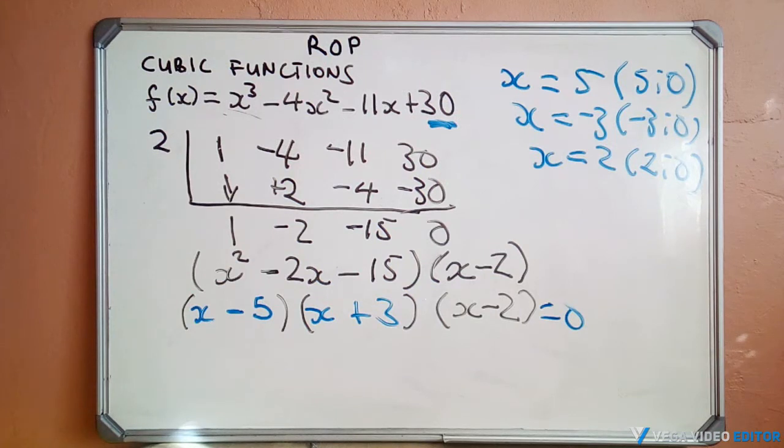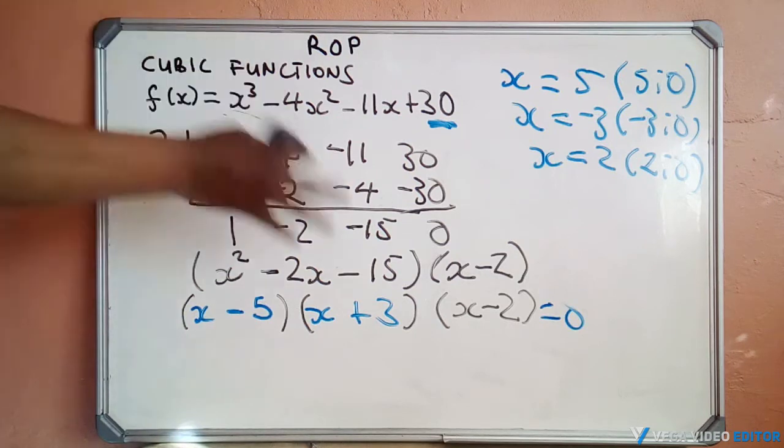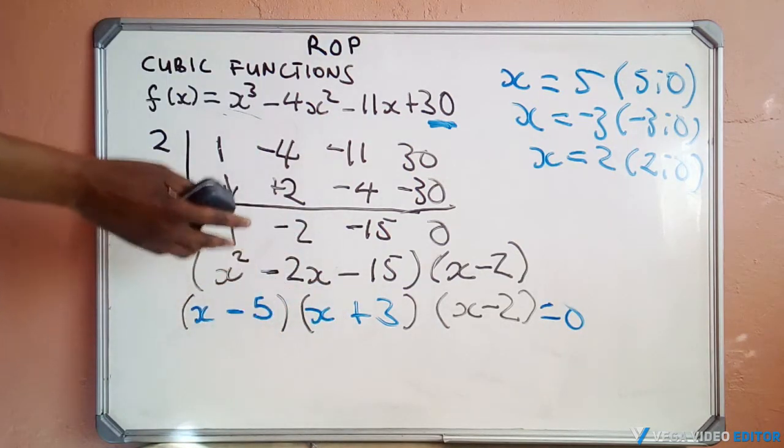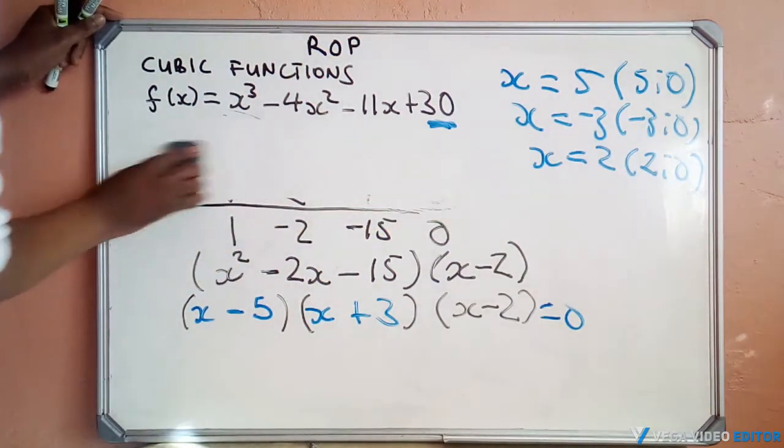Now we go to the second step. The second step is to find the turning points. Please visualize what we've just done here, and then we go to the turning points. Let me just take this down.